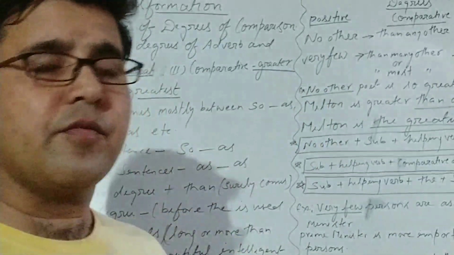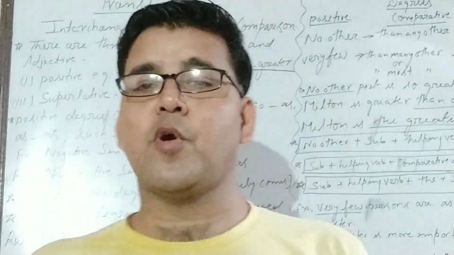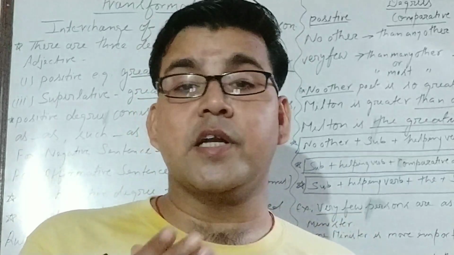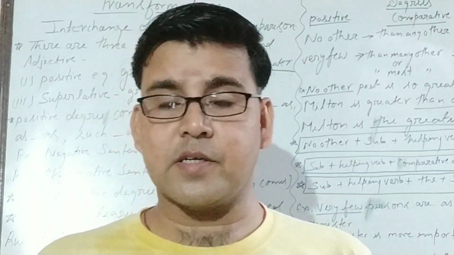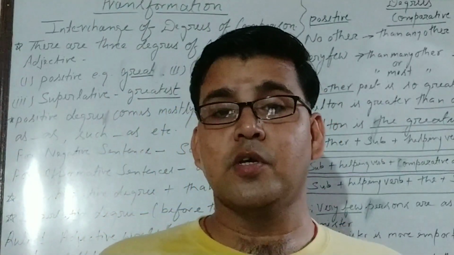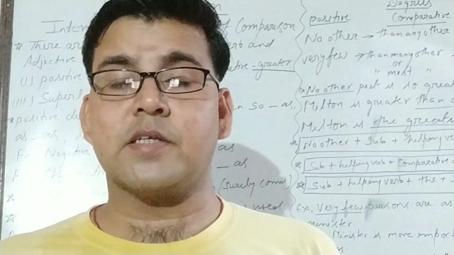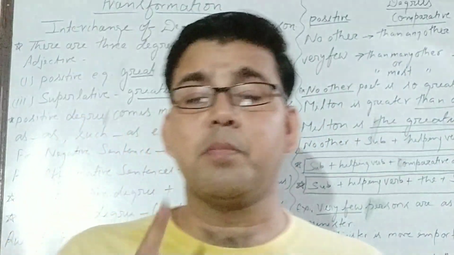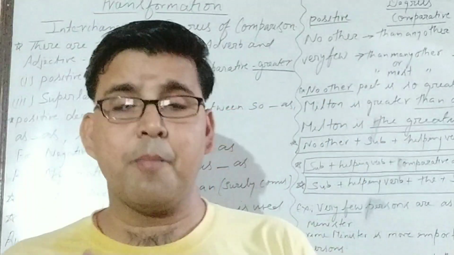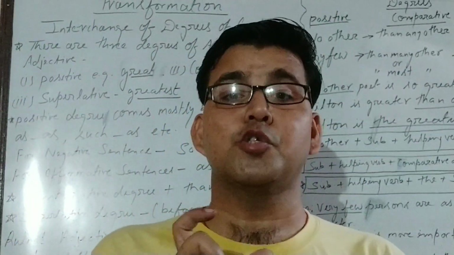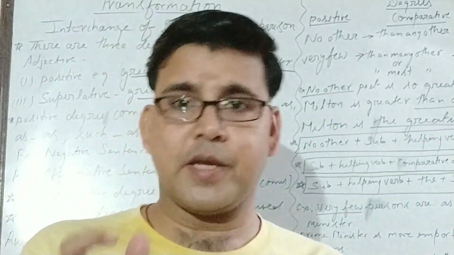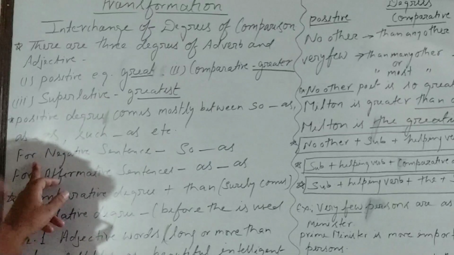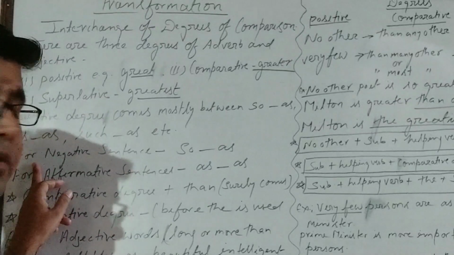For example, as small as, so small as, such diligent as, got it? In this way, the first form of adjective, called the positive degree, always comes between words like as, so as, such as.